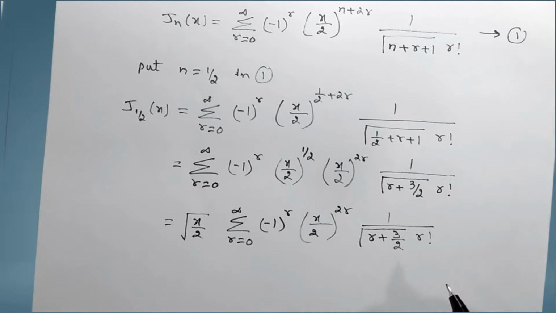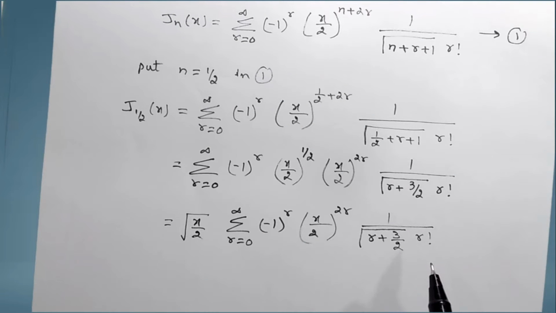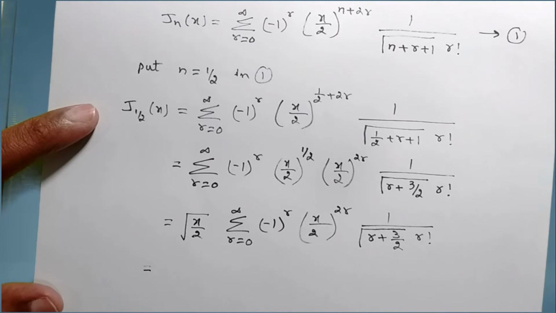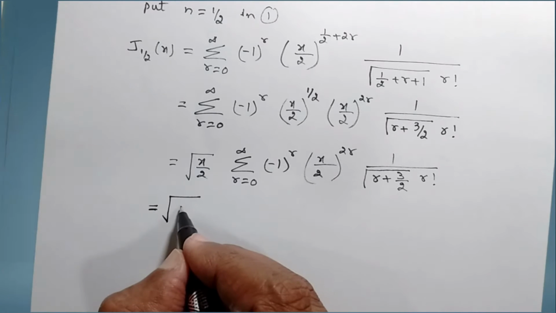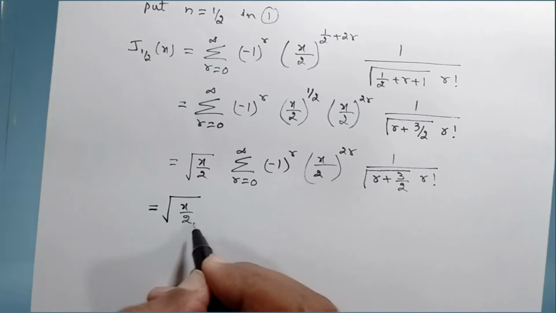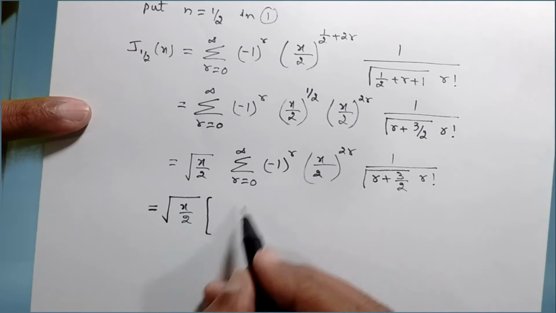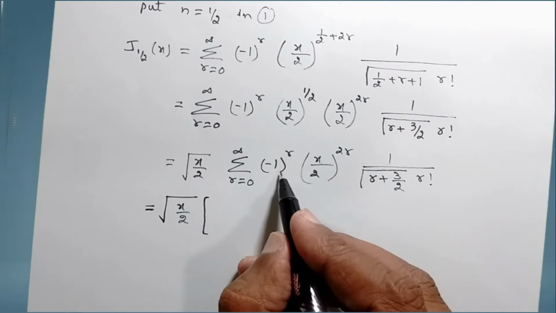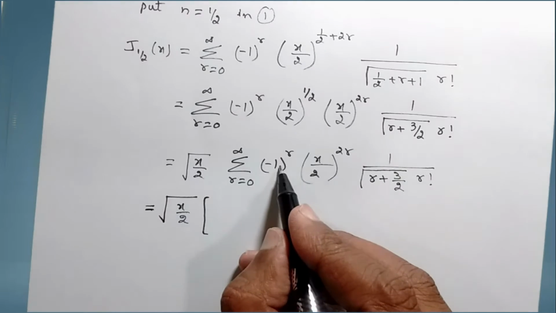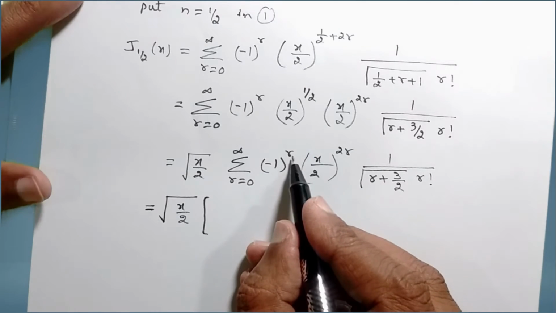We'll expand this expression and simplify it, which will equal the square root of x by 2. Now put r equals 0. Starting with r equals 0, minus 1 power of 0, anything to the power of 0 is 1 itself.